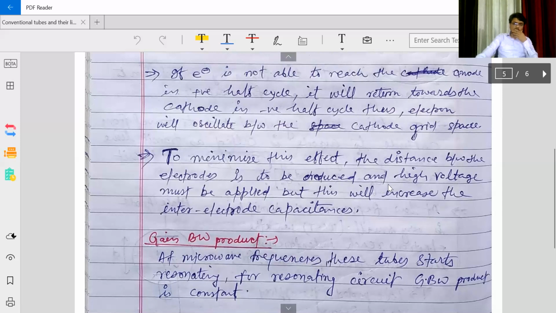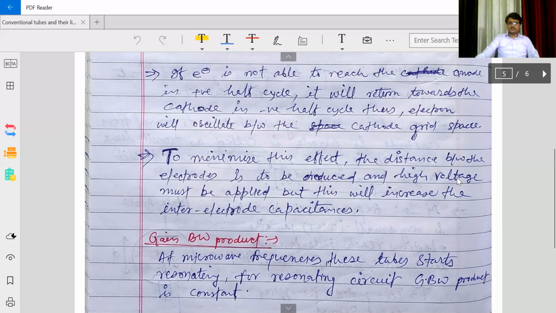So there are two things: apply high voltage so that its velocity increases, and take a very small distance between anode and cathode, so that d will be small and tau will also be very small.